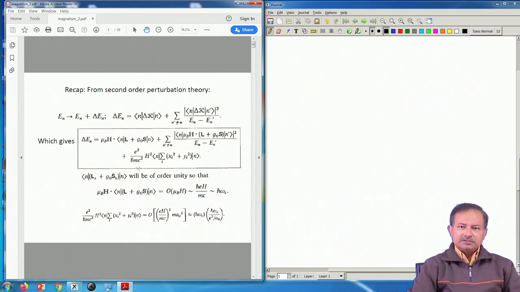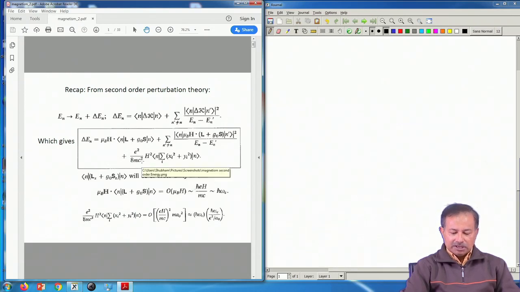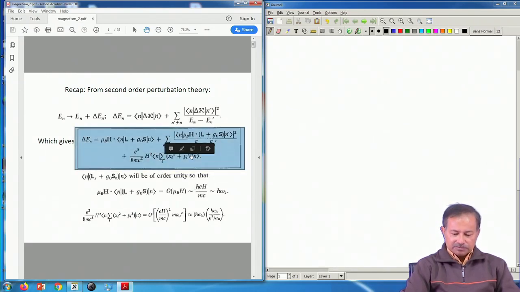Then of course, there are situations where you do not have L and S, like in a closed shell system, and then you do not have any contribution from the first 2 terms. That is what we call the Larmor diamagnetism, which comes from the last term. Remember, this happens in every atom, whether it is closed shell or open shell.